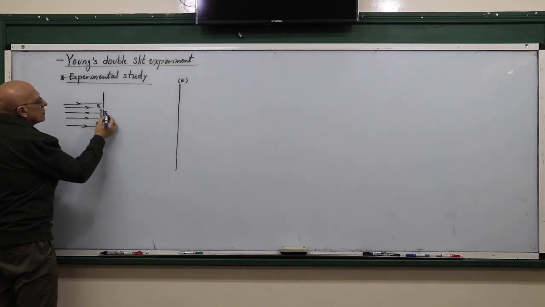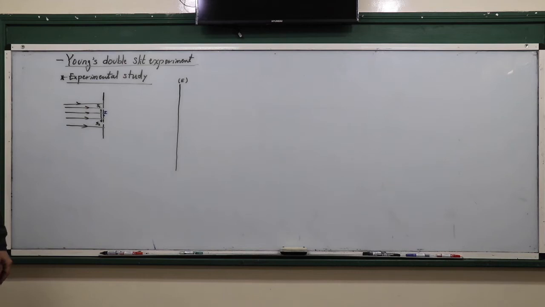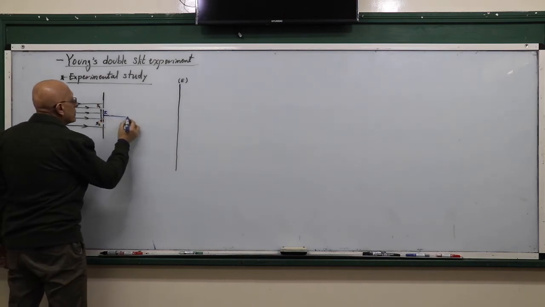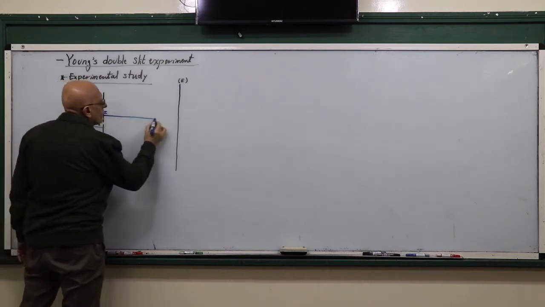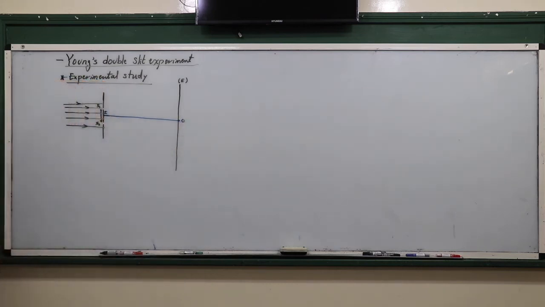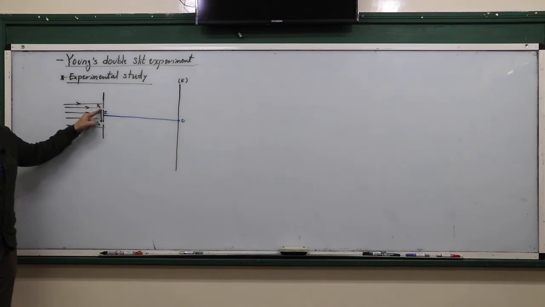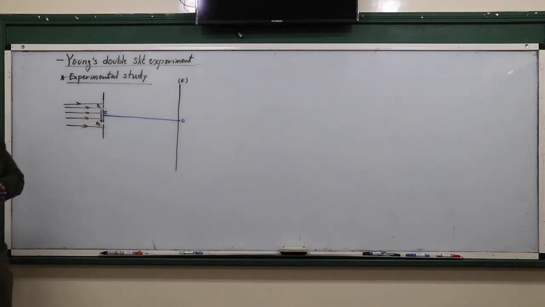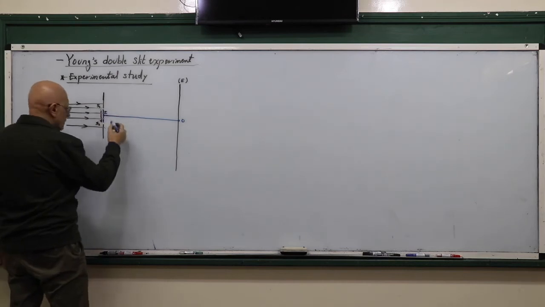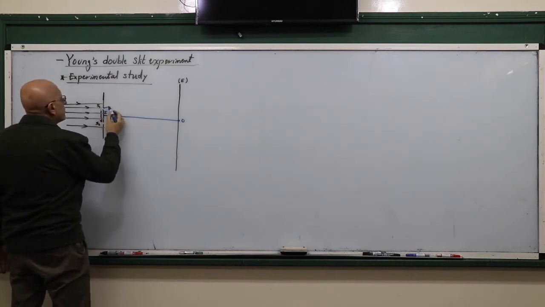I am going to call it I. The orthogonal projection of I on the screen, I am going to call it O. This is O. Now, we said here, because S1 is less than 1 millimeter small, it diffracts. So this is the first diffracted beam of light.